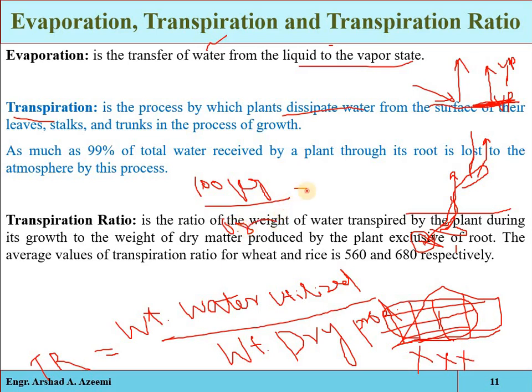Then the transpiration ratio will be 500. So that is just the ratio of how much water is utilized per kg of dry weight produced. That will just indicate the transpiration, the utilization of water.